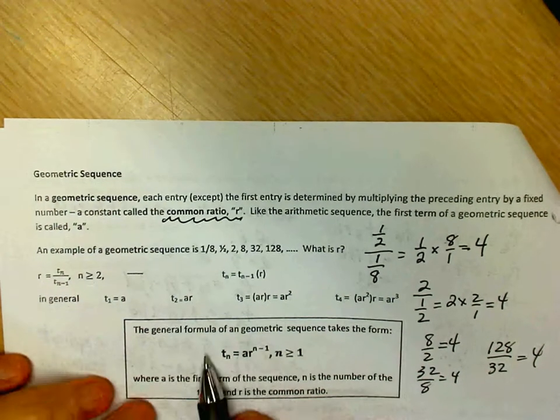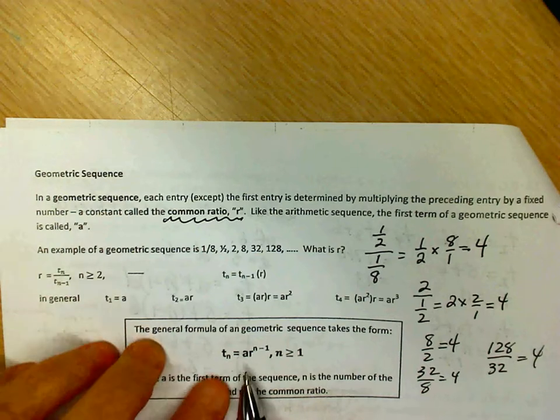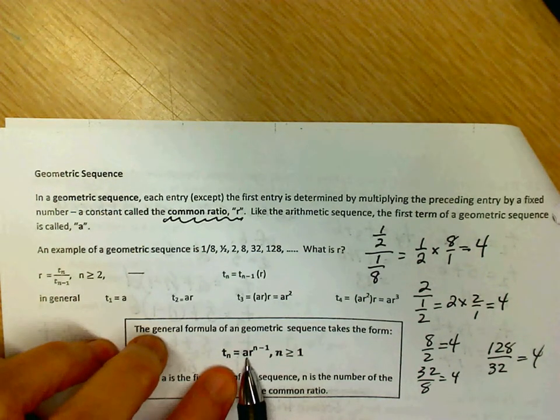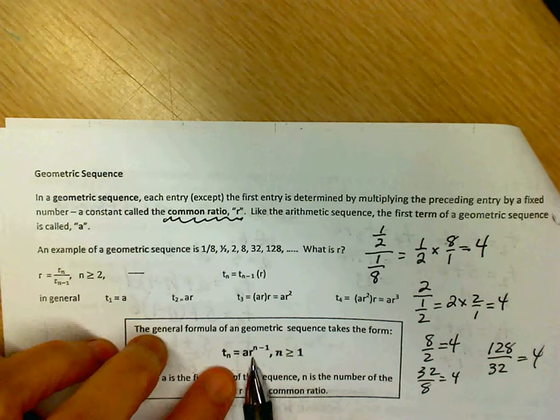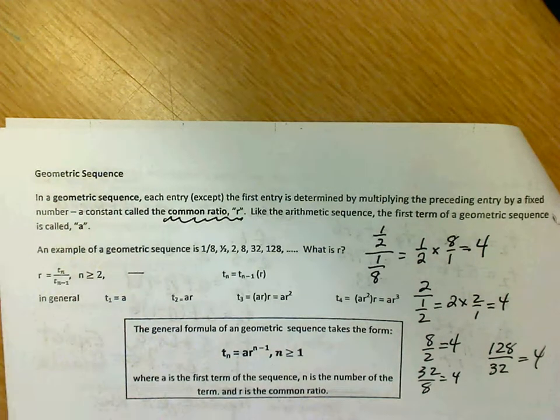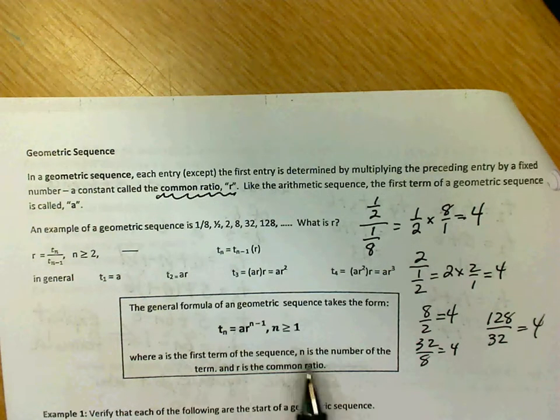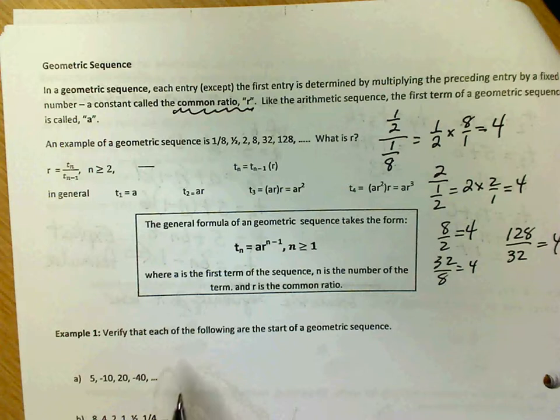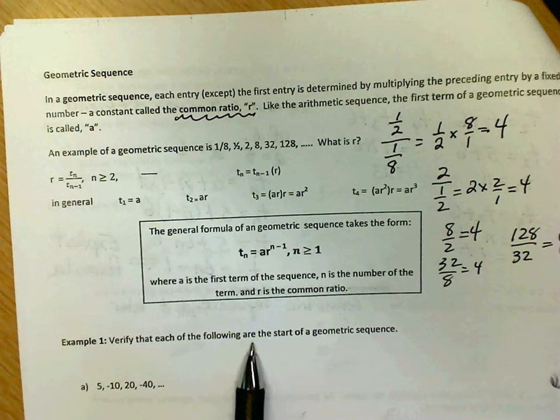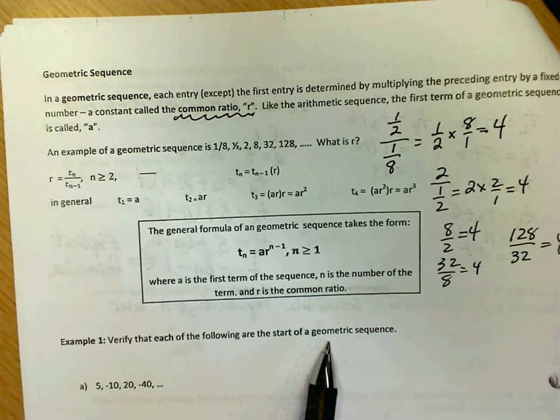Here's the formula for a geometric sequence, because any term is obtained by multiplying the previous term by r, where a is the first term, n is the number of the term, and r is the common ratio. Let's verify that each of the following is the start of a geometric sequence.